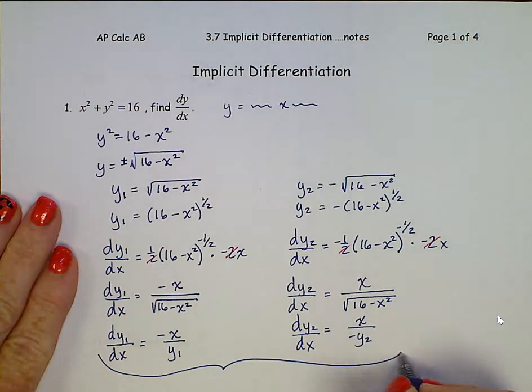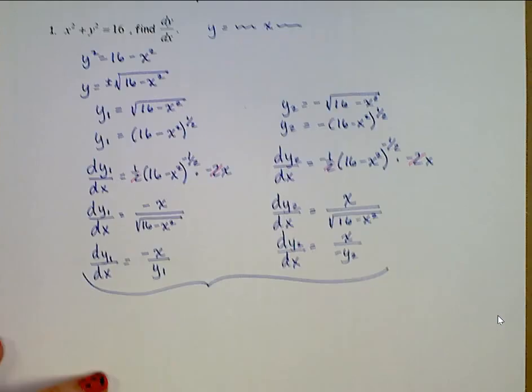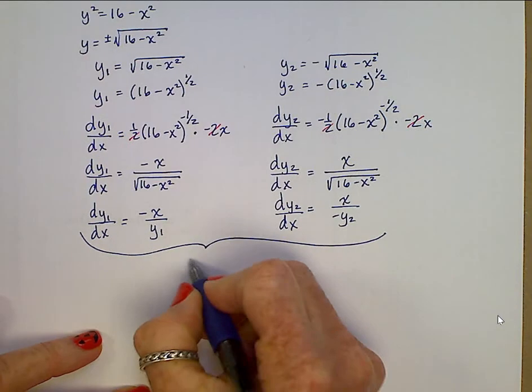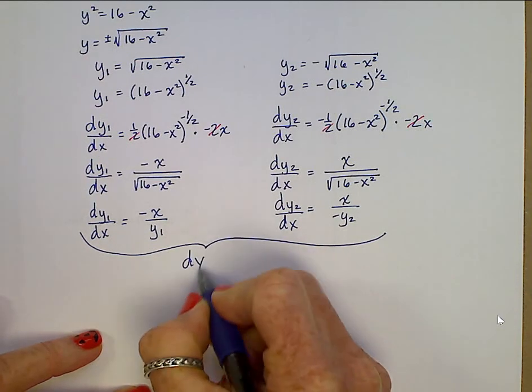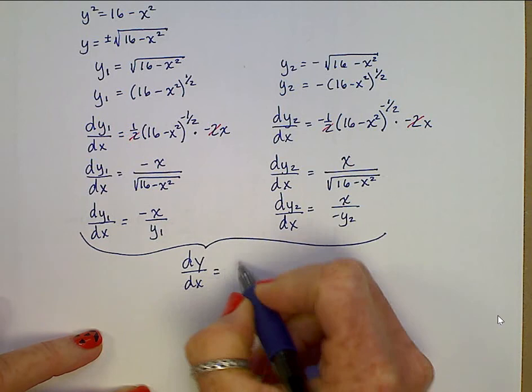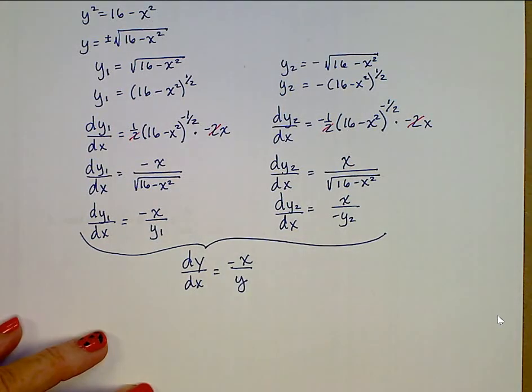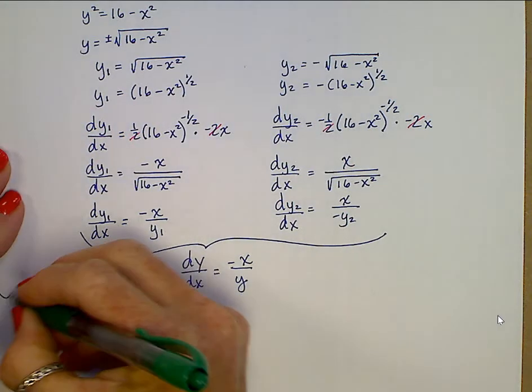What this tells us is that it didn't matter if we separated these functions or not, that the derivative dy dx is just the opposite of x over y. All right, now that was one way to do this problem.